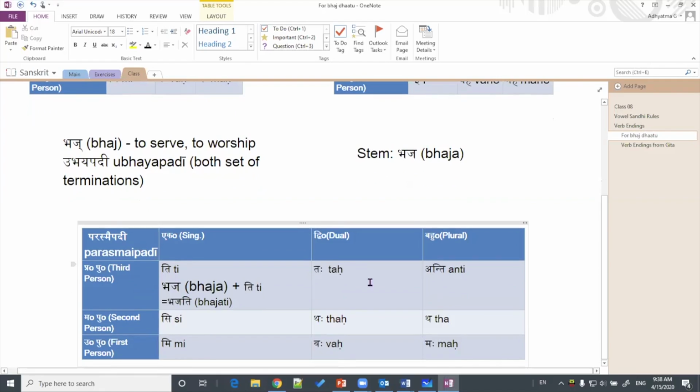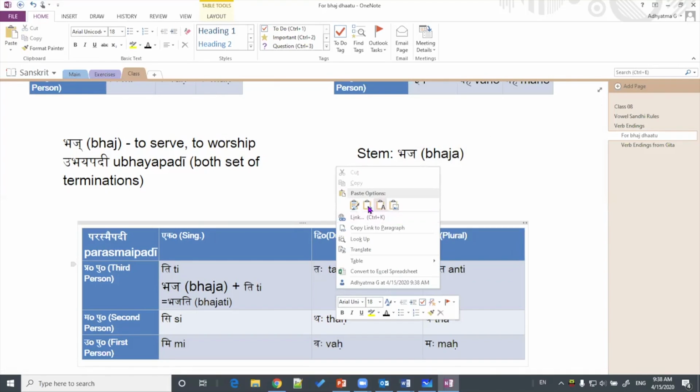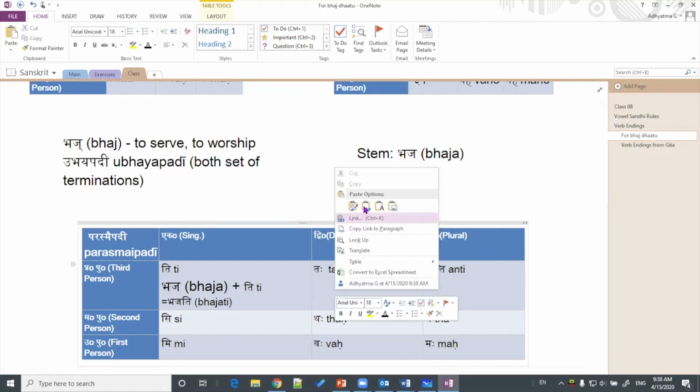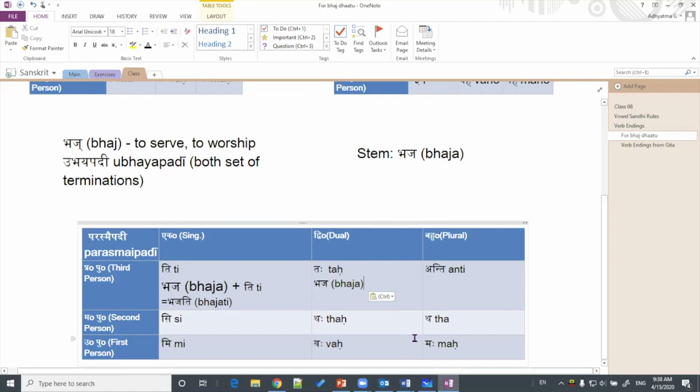Then I'll do the same thing here. Bhaja plus taha, you can literally add it up.